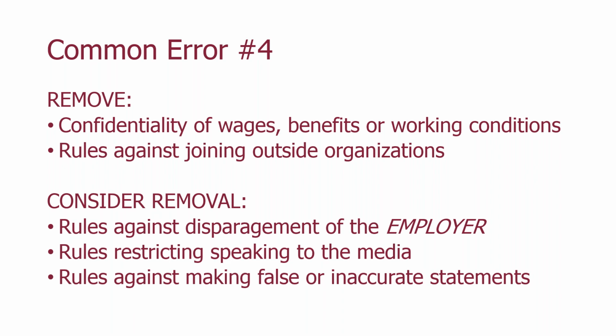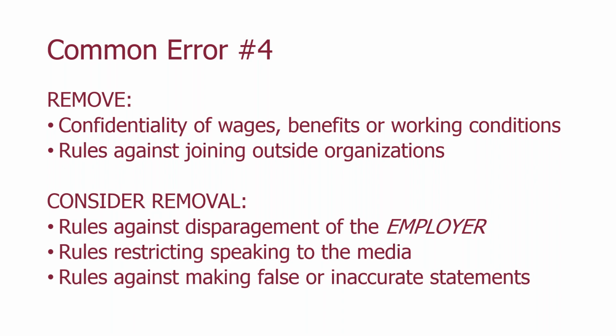You should also remove any rules against joining outside organizations. Obviously, companies have a legitimate interest in preventing nepotism, fraud, self-dealing, that sort of thing, but rules that specifically prohibit membership in outside organizations infringe on Section 7 rights.